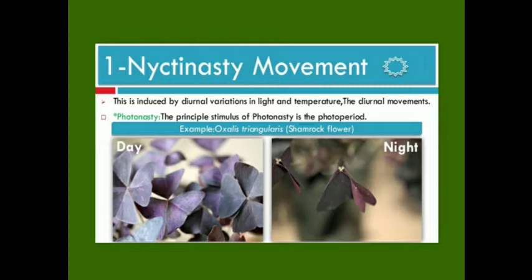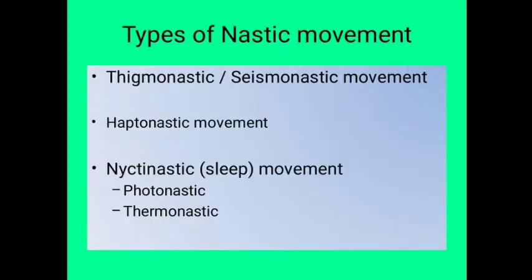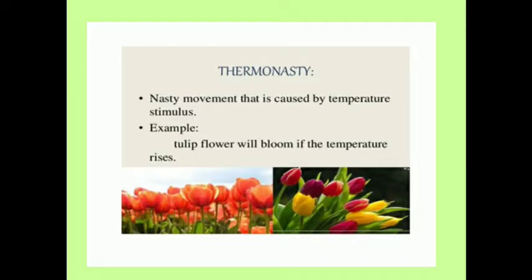And now we are going to see the second one, what is called thermonastic movement. Again, under the nyctinastic, it is of two types. Number one is the photonastic. Now we are going to see about the thermonastic. From the name it is very clear, it takes place due to the temperature changes, right? So a beautiful example, the image which I have given here is a tulip, right?